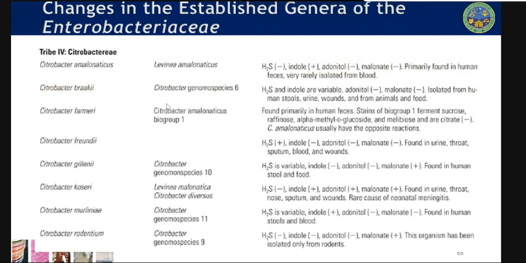For Citrobacter amalonaticus, this is Levinea amalonatica already. For Enterobacter sakazakii, that's supposed to be Cronobacter sakazakii already. For Citrobacter koseri, this is Levinea malonatica, and then Citrobacter diversus, and several others.